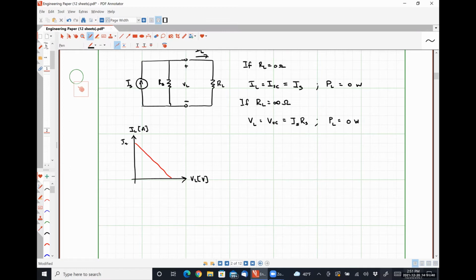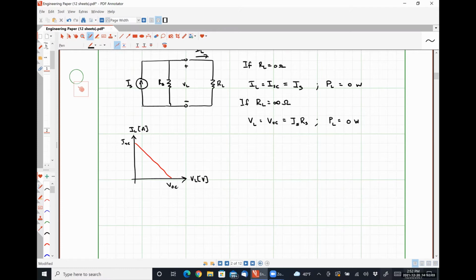Here is ISC, here is the OC. So these two practical sources behave identically. They're quantified by that open circuit voltage, that short circuit current, and that resistance RS.